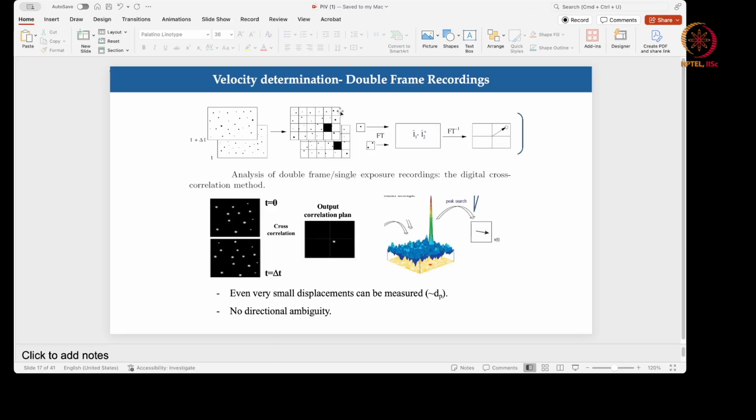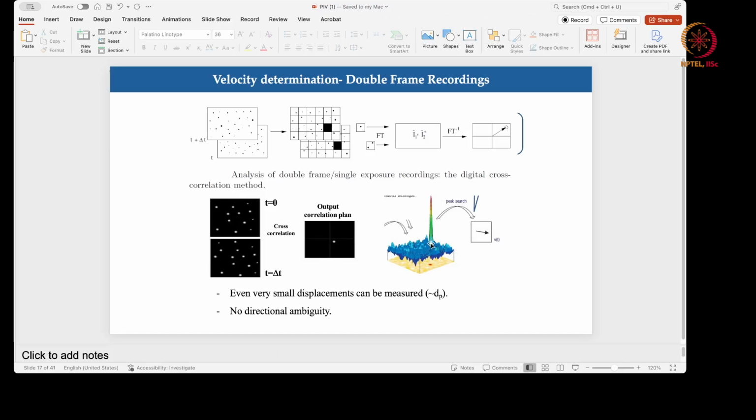So you take the two images, you do the interrogation windows, then you do the Fourier transform of these windows, and you do it for all. For one such ensemble, if you do the power spectrum and then the inverse Fourier transform, you will get a displacement which will shift this peak to a distance of d from the center.